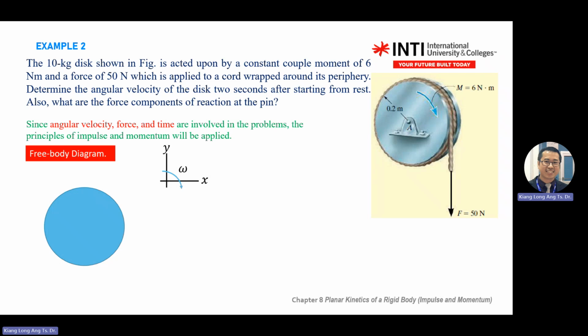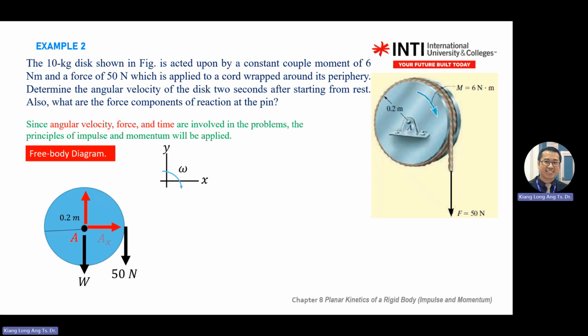Once you have that, go to the center of the object, give the radius, and there is a force going down. Remember, there is a W there. When you go into the rigid body chapters 6, 7, 8, remember they also give you the mass. Always go to the free body diagram and draw W. This will be the careless mistake usually in the final exam, question 4. You will forget this one, the weight.